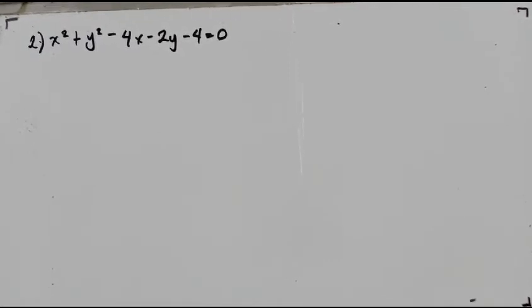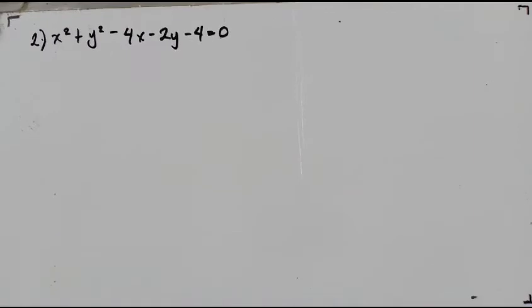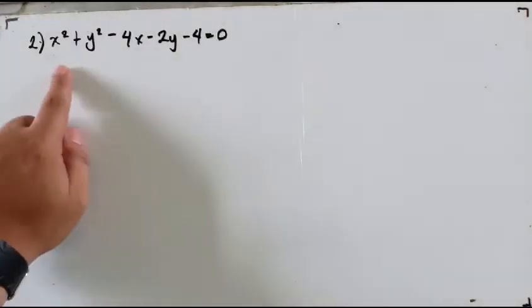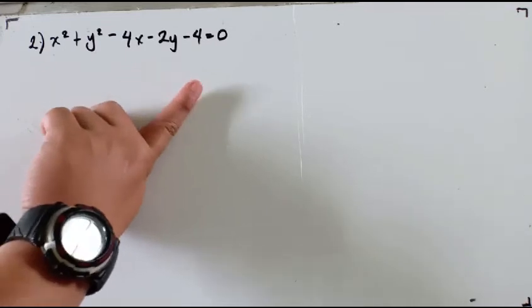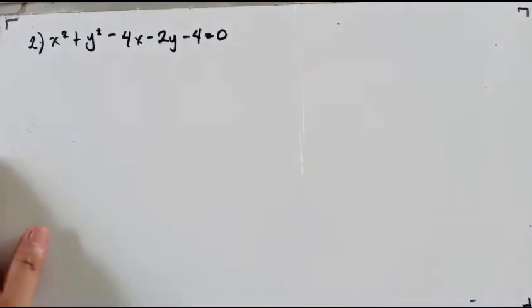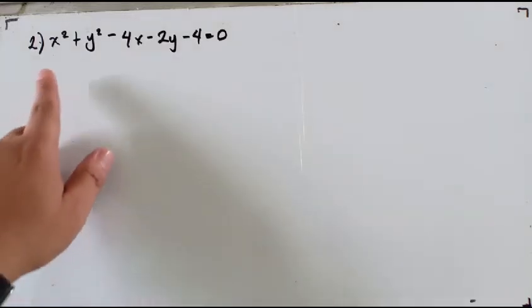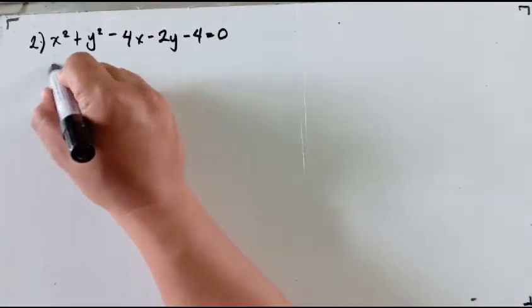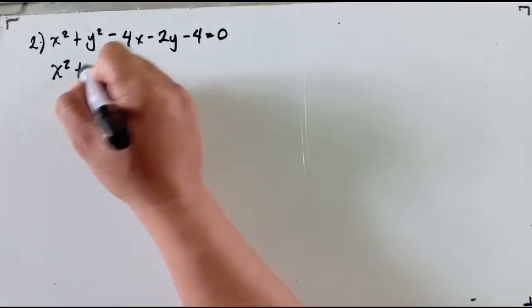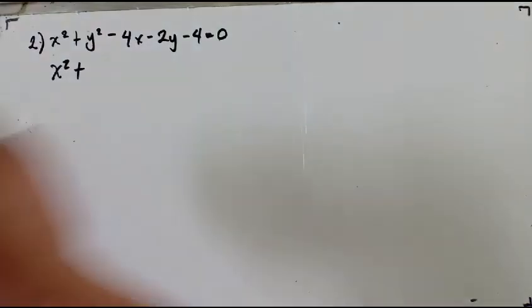Alright, for example number 2, let's try to express x squared plus y squared minus 4x minus 2y minus 4 is equal to 0 into center-radius form, or the so-called standard form of the equation of the circle. If you observe, the given equation is in general form. So, let's put all the x terms beside each other.